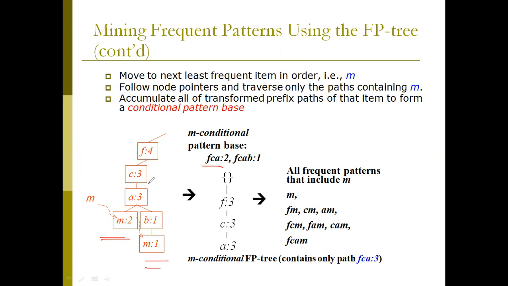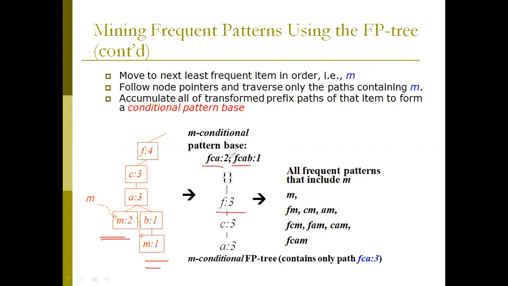And in this path, F, C, A, B is one time. So overall F is repeated 3 times.